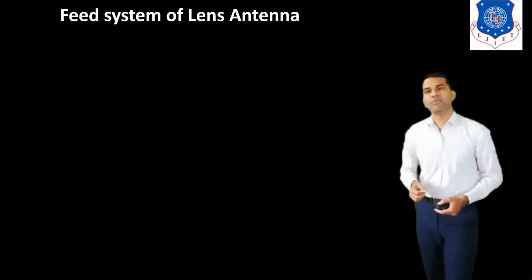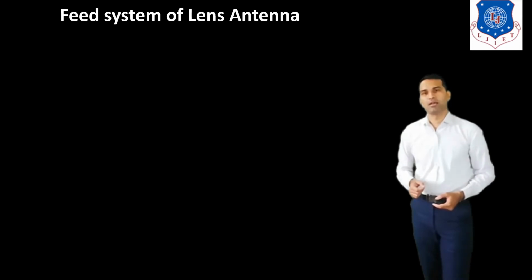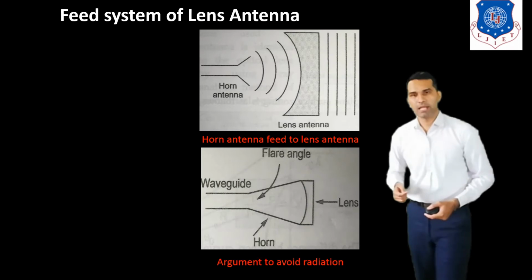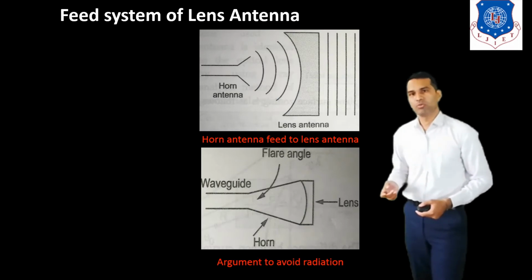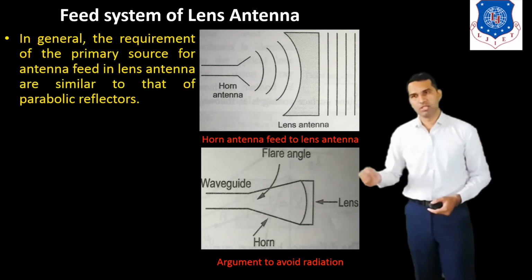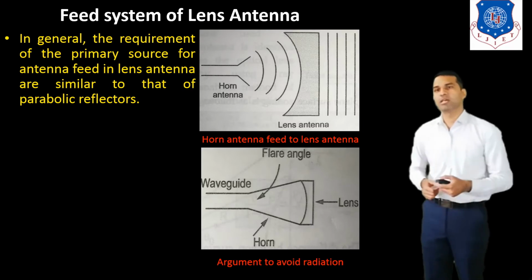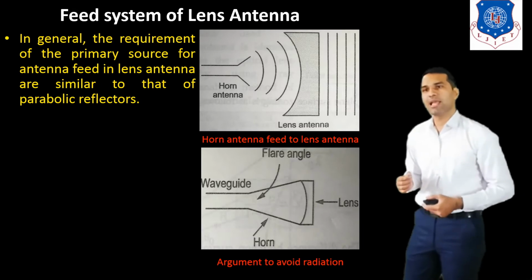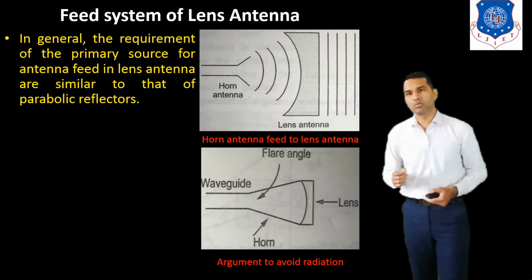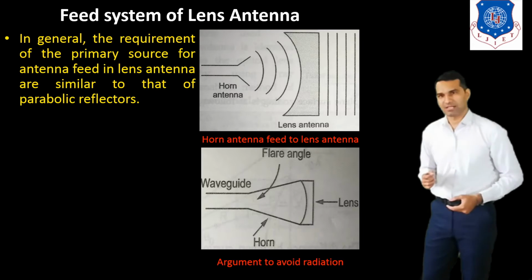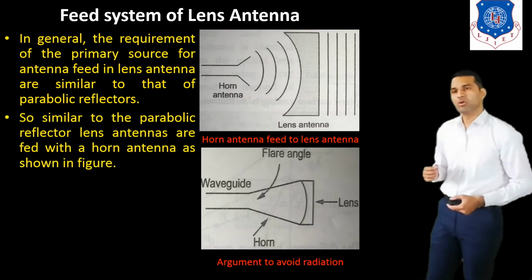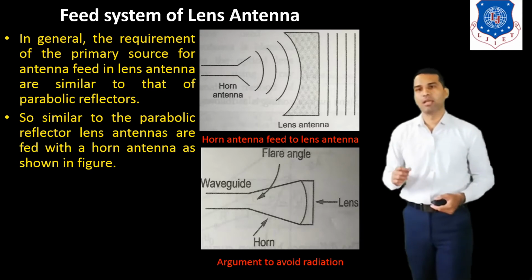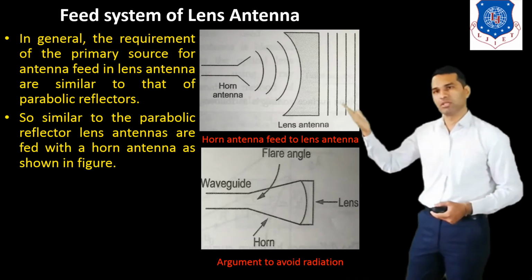Now, the feed system of the lens antenna. We know what a feed system is: we give the input to the lens antenna. In general, the requirements of the primary source for antenna feed in a lens antenna are similar to those of the parabolic reflector. So, similar to the parabolic reflector, lens antennas are fed with a horn antenna as shown in this figure.